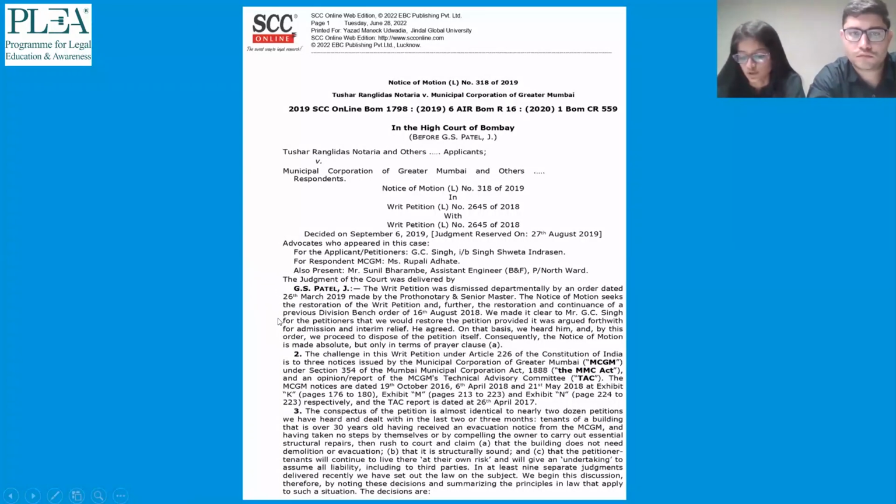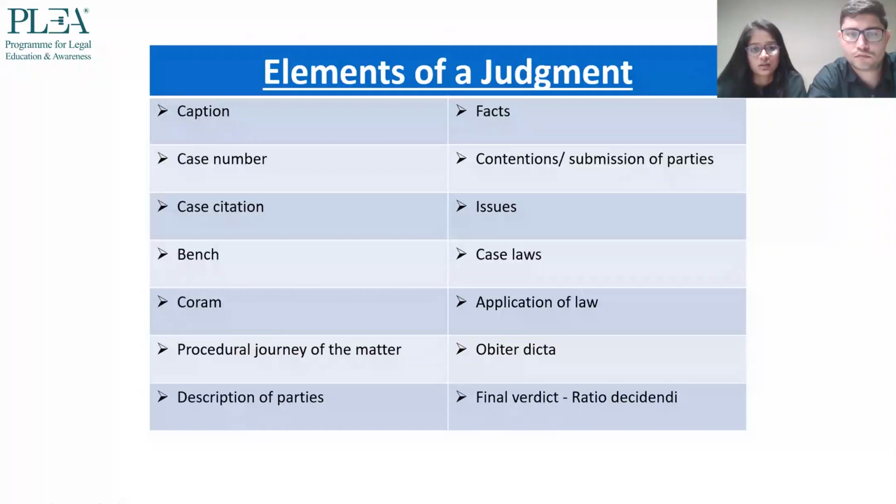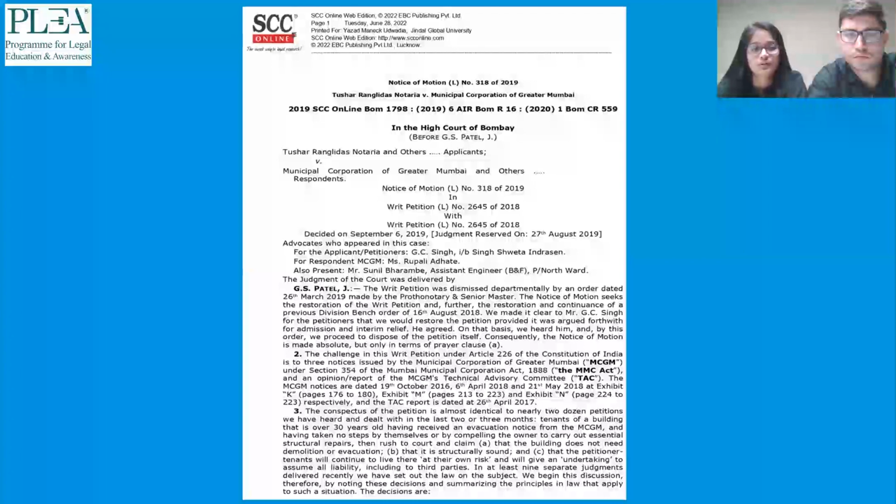This is how the case has traveled from the lower court right up to the Supreme Court, if you're reading a Supreme Court judgment. Now, in the procedural journey, you will also find the types of claims in the first few paragraphs. Supposing you're reading a civil case, in the initial paragraphs you will find if it is a property dispute or a money recovery. Generally in the reporters, you have a case note or a head note.